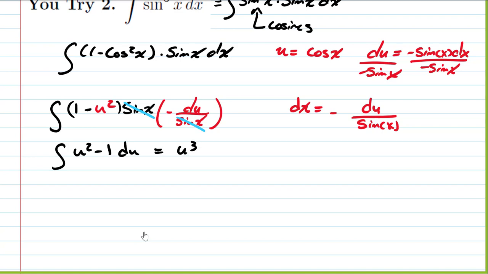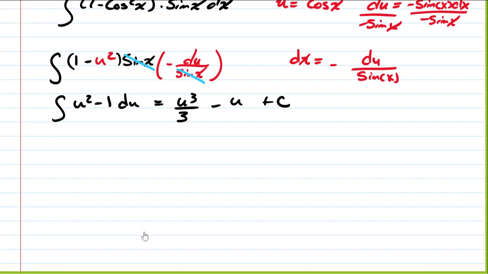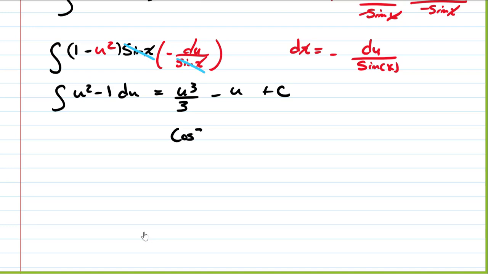So our antiderivative is u cubed over 3 minus u plus c, and our u is cosine, so it's cosine cubed x over 3 minus cosine x plus constant. So that would be our antiderivative.